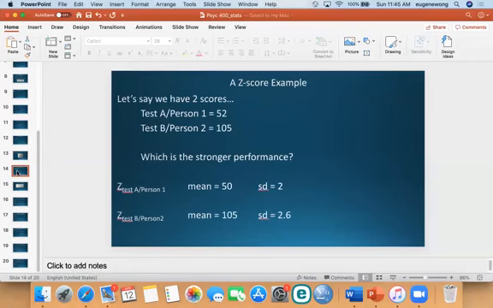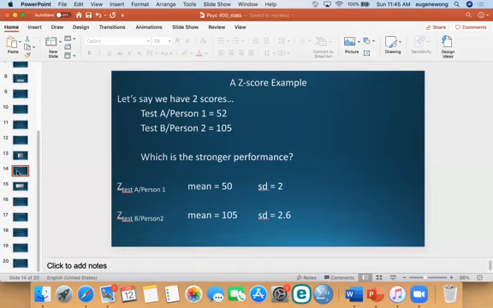Okay, so let's just say that we have two scores. This could be scores from test A and test B, or it could be scores from person 1 and person 2. So we have a score of 52 and a score of 105.